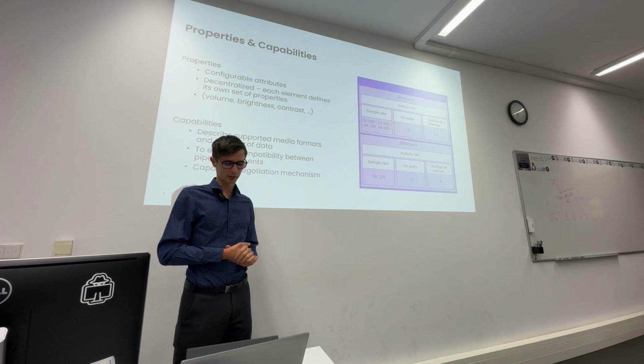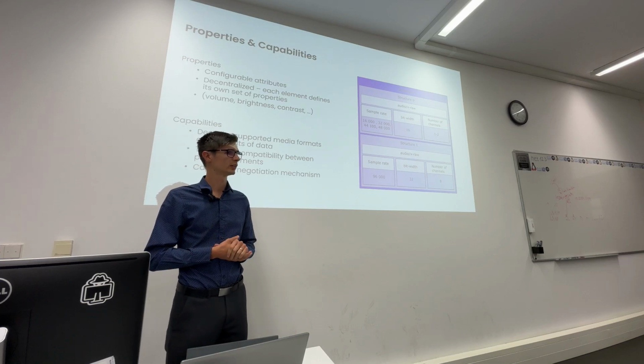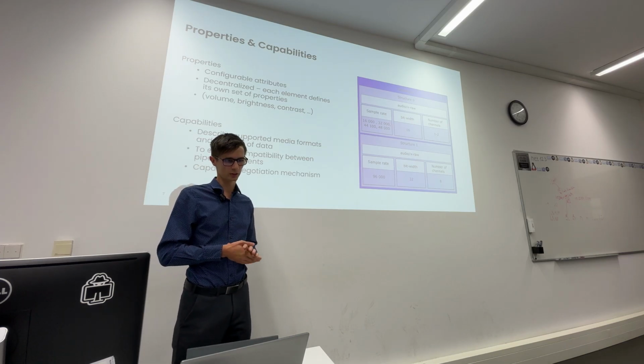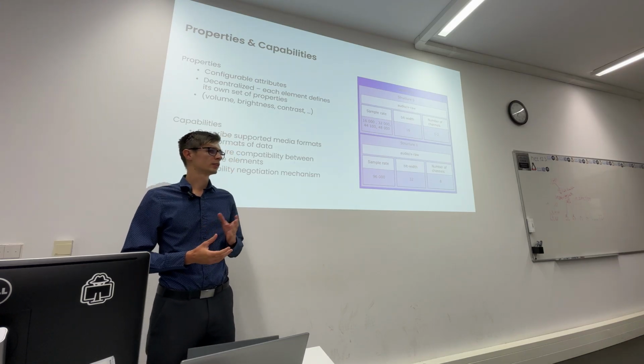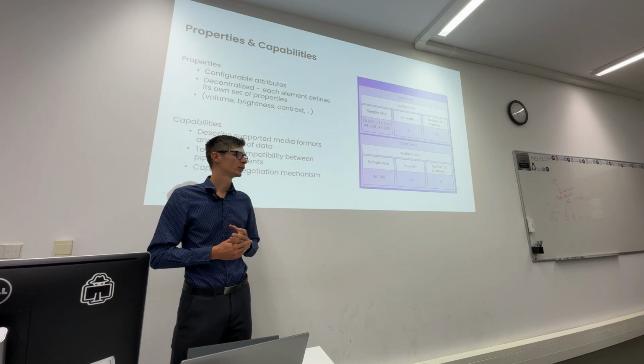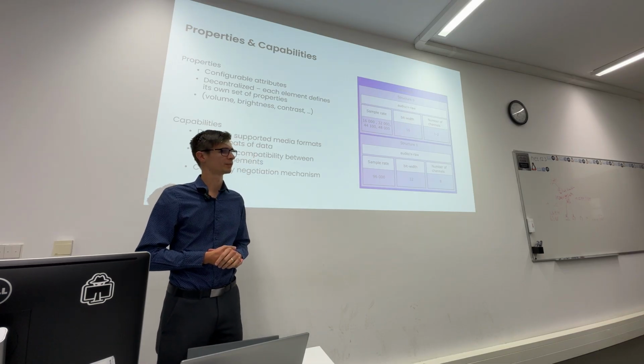So these capabilities are used to ensure compatibility between elements in the pipeline, and this compatibility is negotiated automatically at the beginning of the stream using the capability negotiation mechanism.